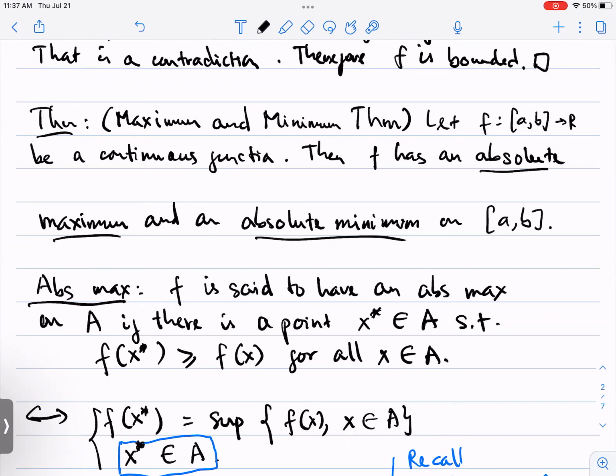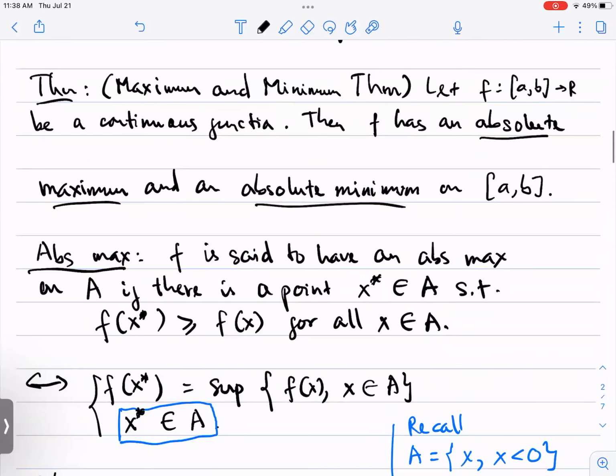A consequence of that theorem is the following about maximum and minimum of a function. Let f be a function from the interval from a to b to the set of real numbers, and assume that the function is continuous. Then f has an absolute maximum and an absolute minimum on this interval from a to b.